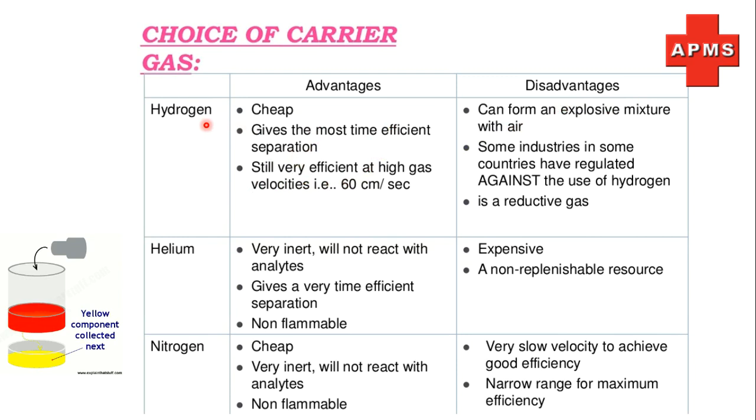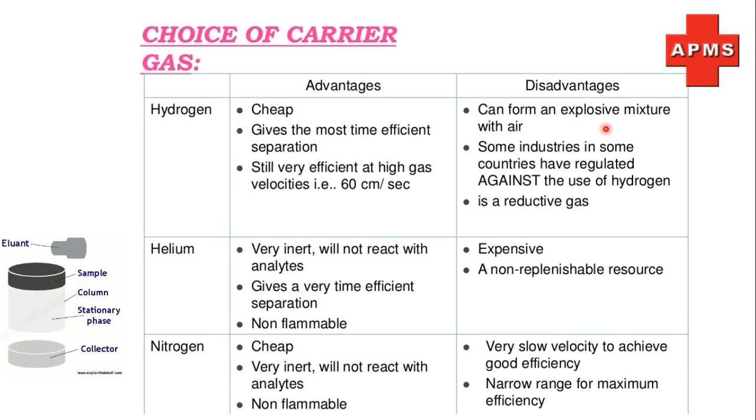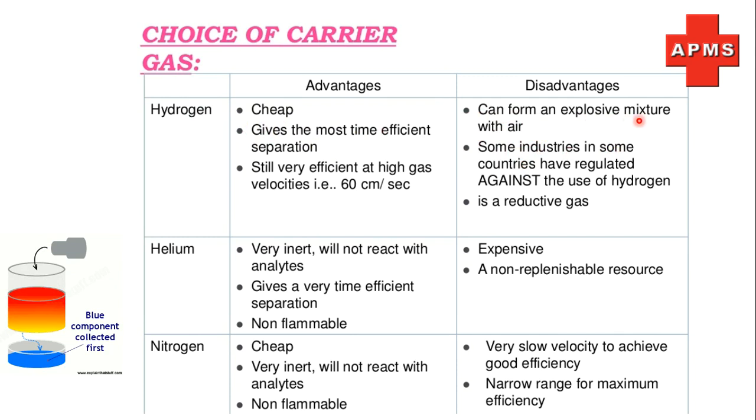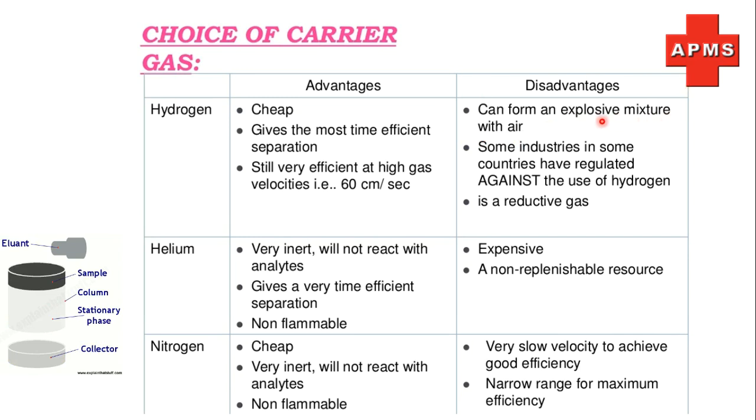Now this is the disadvantage of hydrogen. The first main disadvantage is that it is an explosive gas. If air or O2 gets mixed with the hydrogen, it forms an explosive mixture, and if this mixture goes inside the column, which is generally at an elevated temperature, it could explode or damage some part of the instrument.